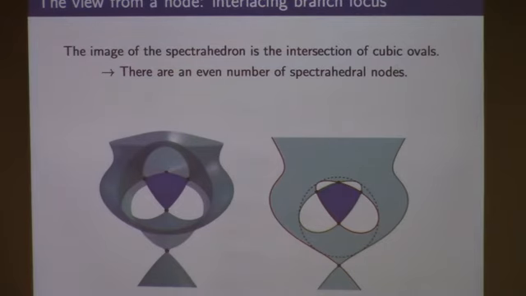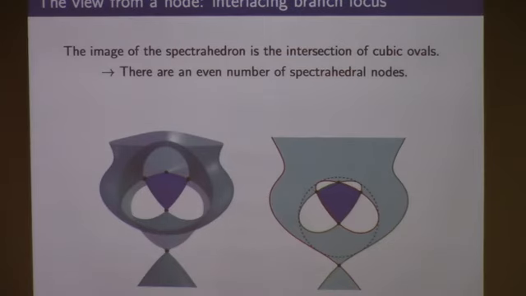So there have to be an even number of intersections of these 2 ovals down here, and what that means is they come from an even number of spectrahedral nodes on the surface upstairs. And so this is a very concrete way of seeing why there has to be this split of even rank 2 nodes of one flavor and of another flavor.